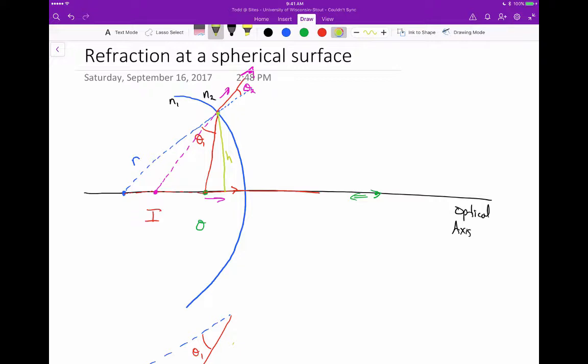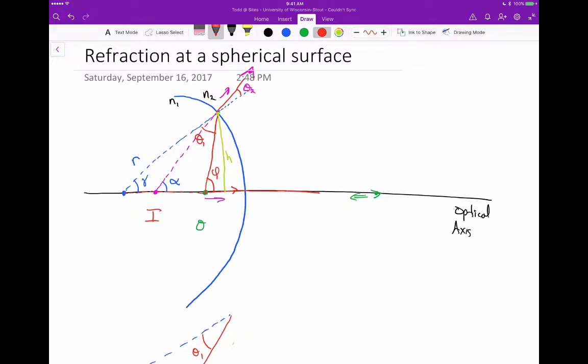And the other angles I'm going to need are this angle with respect to the radius that we're going to call gamma. This angle with respect to the apparent ray for the refracted ray is alpha. And then this angle that the ray from the object makes, we're going to call that phi.